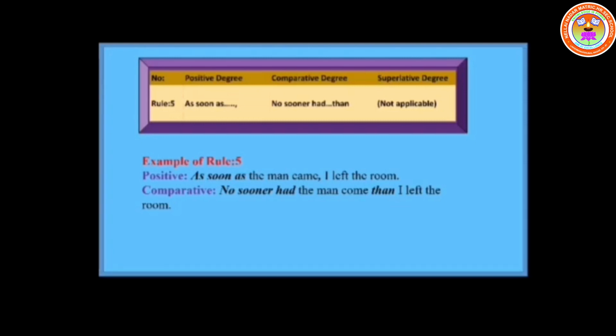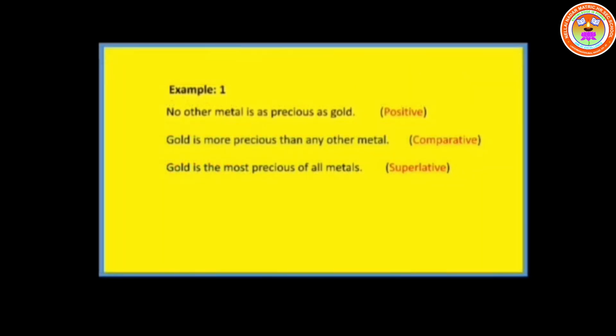As soon as the man came, I left the room. See how it has been transformed: no sooner had the man come than I left the room. So this is the transformation. This is how it has been converted. Now let me take more examples. You can understand it better.